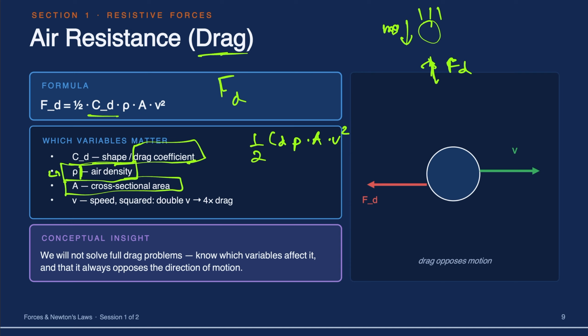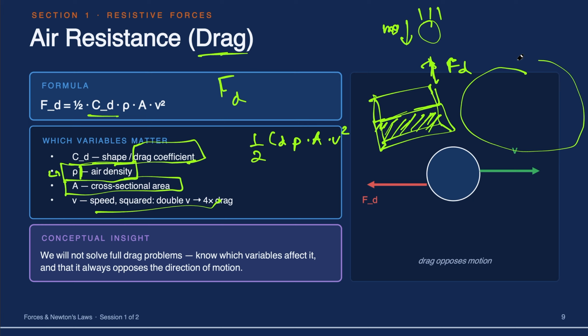Which means if you're falling, let's just say this is an iron block, and it's falling, and its rectangle is over here. But if you had a larger circular block with more cross-sectional area, which is just what is being affected, right?